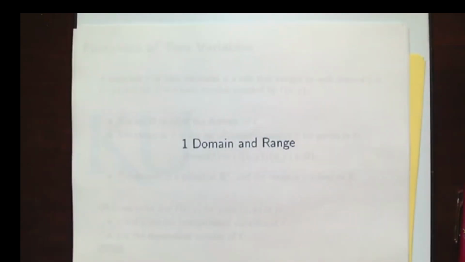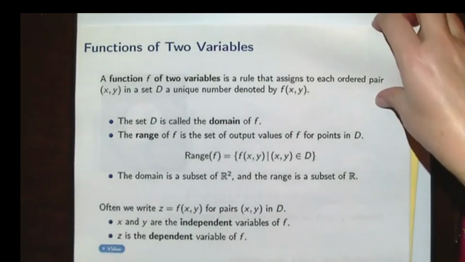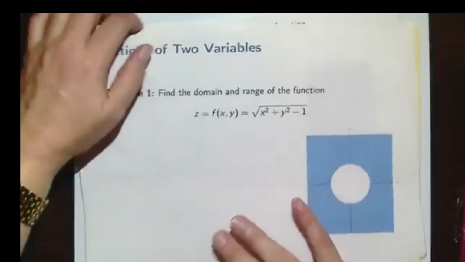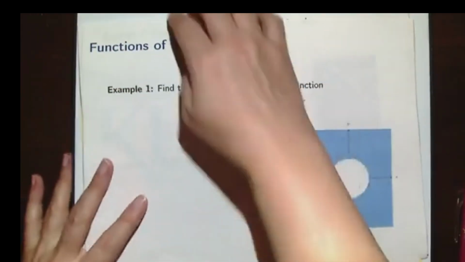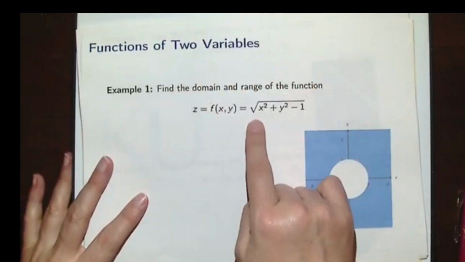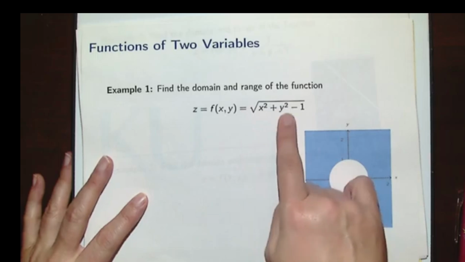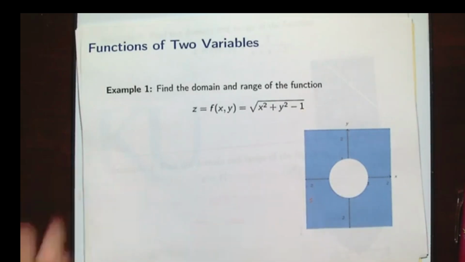Let me do an example. Z equal to f of x and y, where f of x and y is the square root of x squared plus y squared minus 1. Give me a point in R2 that I can plug into this.